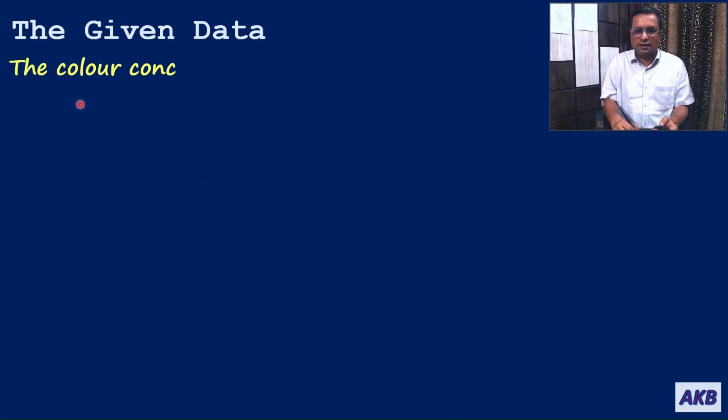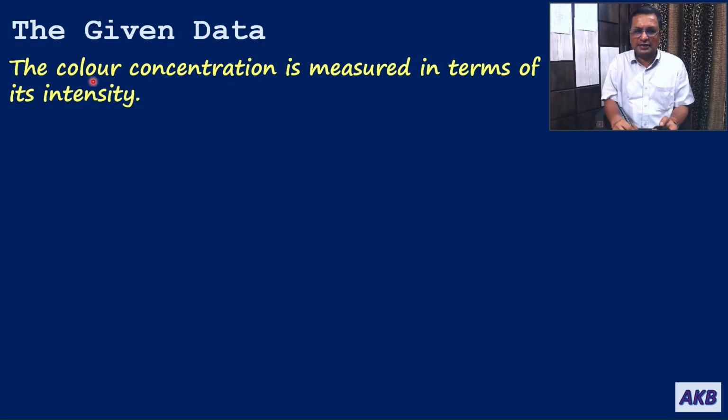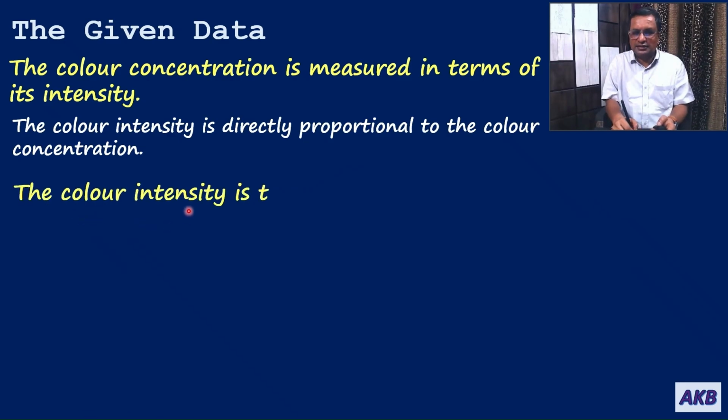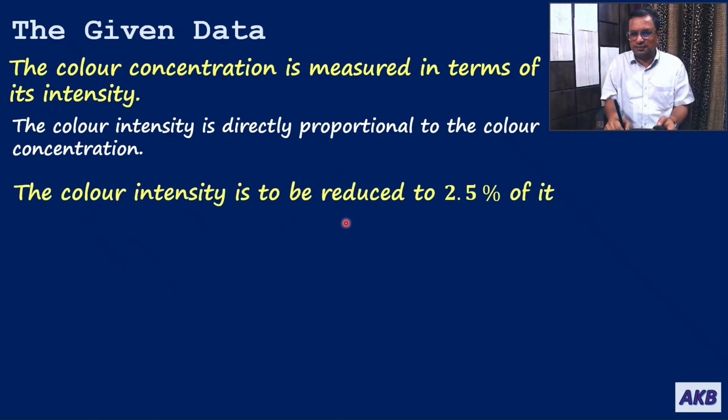Then the color concentration is measured in terms of its intensity. The color intensity is directly proportional to the concentration, and the color intensity is to be reduced to 2.5% of its original value.